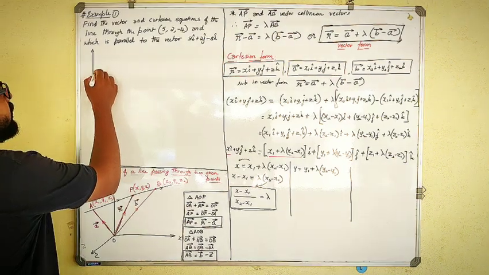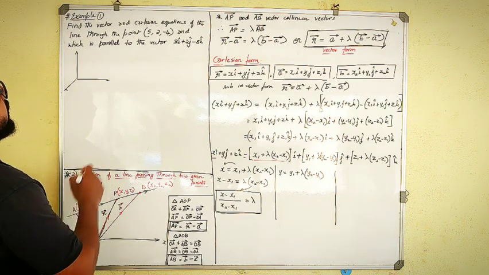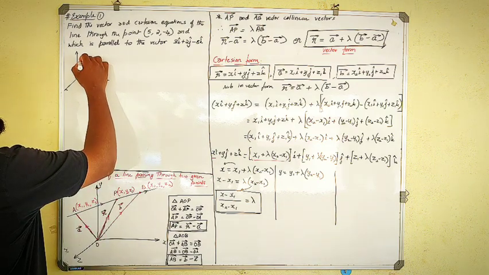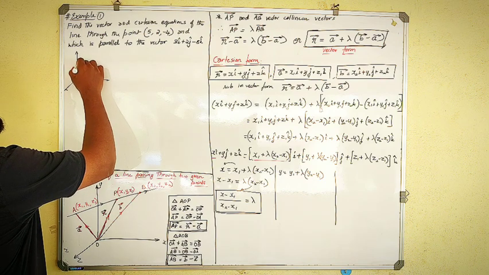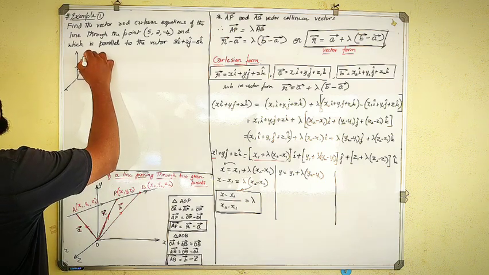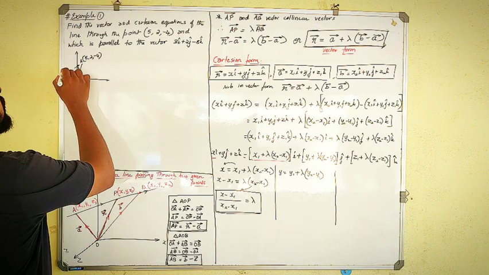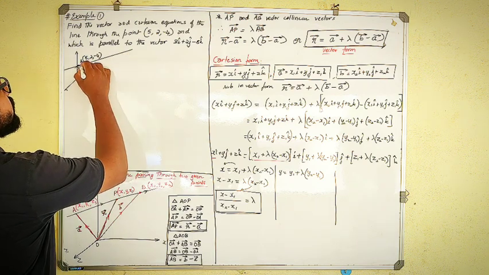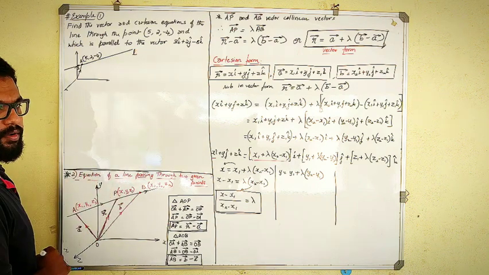I'll make a rough diagram for that in such a way that first one is a point, that is A. A is a point and its position vector is A vector, which we have seen in yesterday's derivation. So here point A is (5, 2, -4). The line will pass through the point A. This is the line whose equation I should find out.